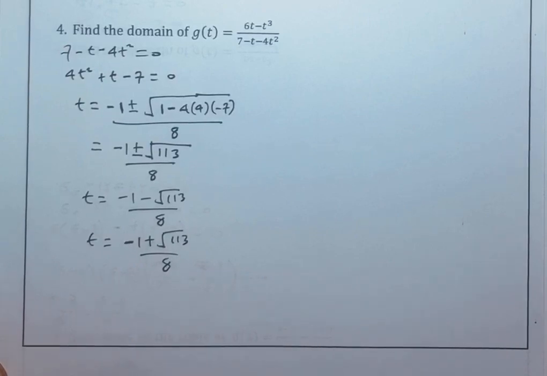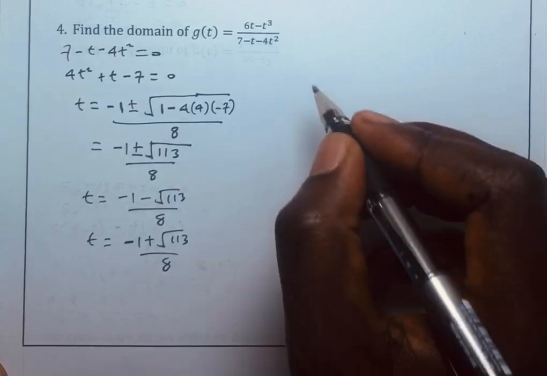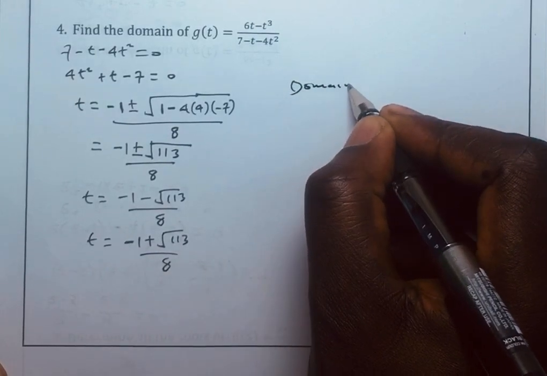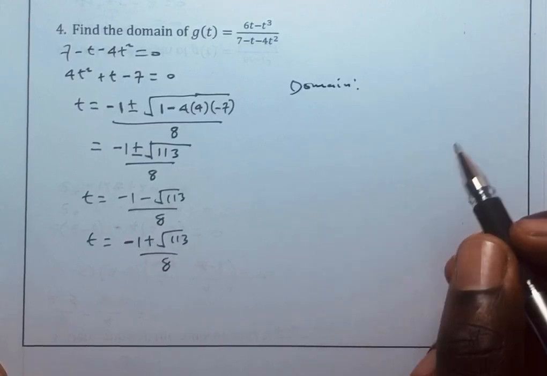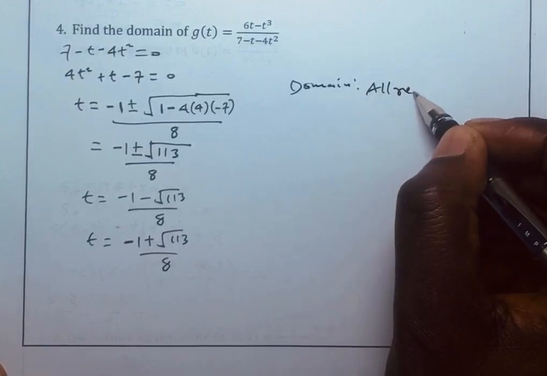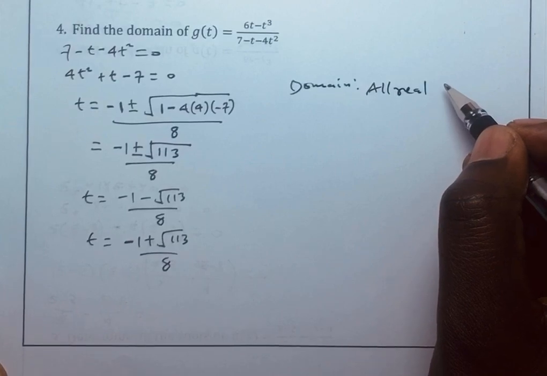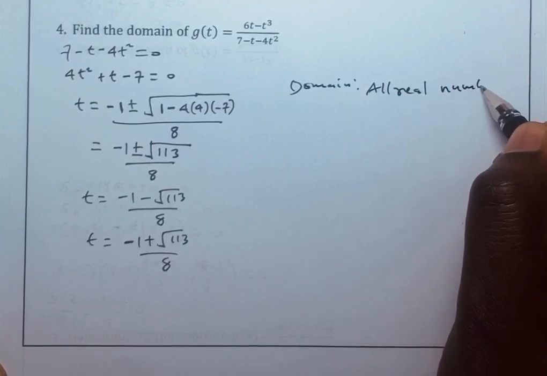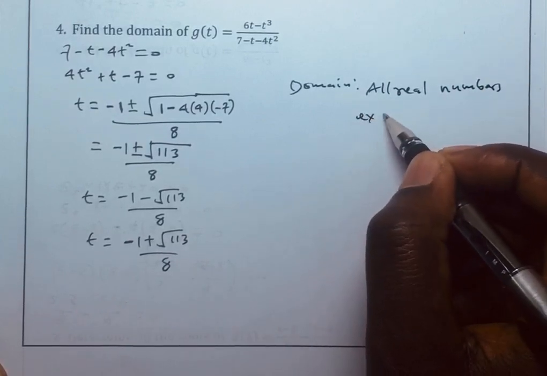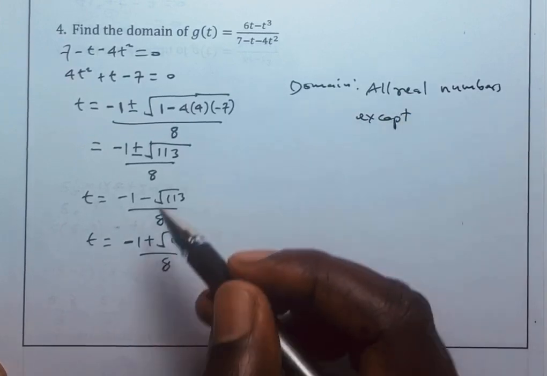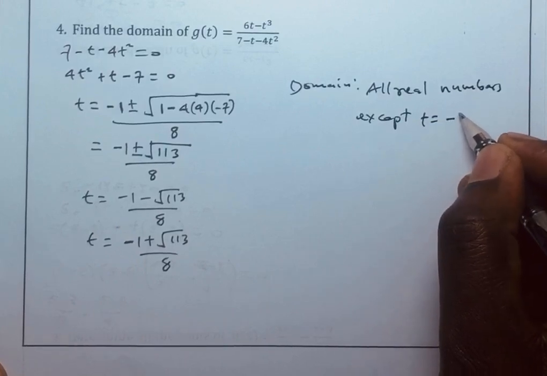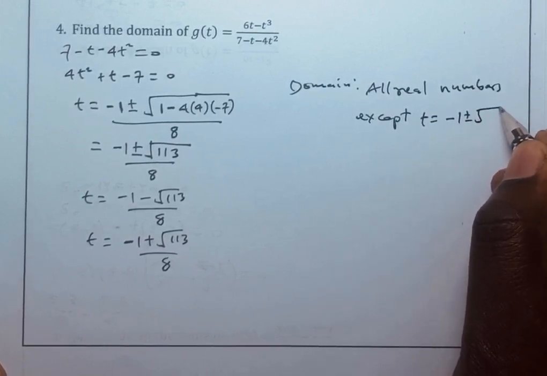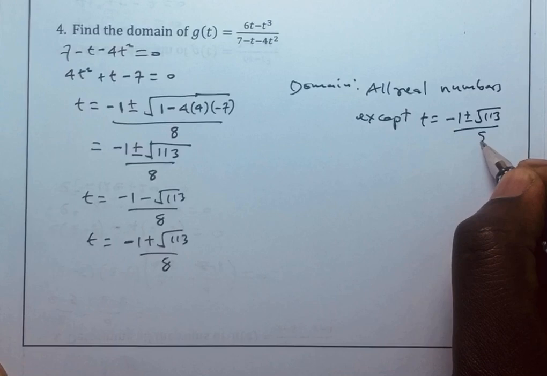So it means that the domain of this particular function is all real numbers except these two, except t is equal to minus 1 plus or minus root of 113 over 8.